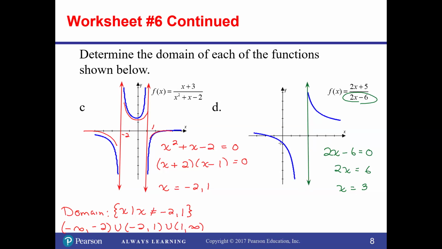It's just this part's really close, but this part isn't. That is where we have a hole in the domain. So once again, this value has to be thrown out of the domain because my denominator is 0 there. So my domain is x, just as long as x is not equal to 3, or negative infinity up to 3, then we skip over 3, and then we go from 3 to infinity.